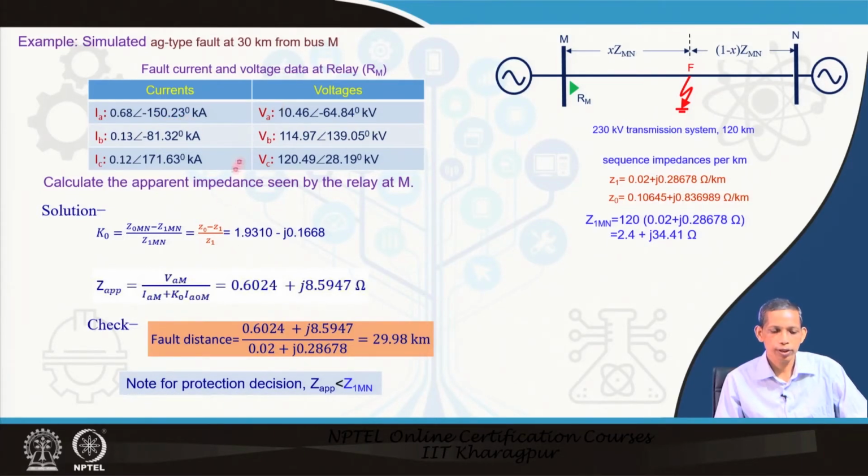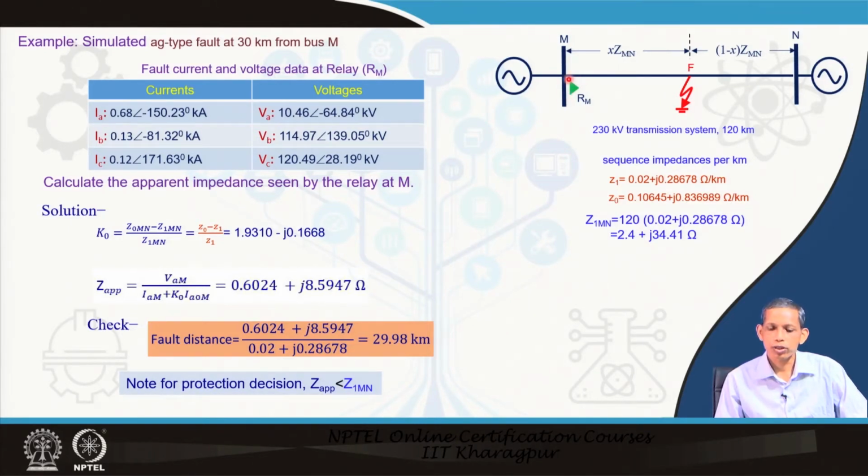Substitute the value of Va, Ia and Ia0m, and K0 is already calculated. So, we get 0.6024 plus j8.5947 ohm. This apparent impedance will be seen by the relay.